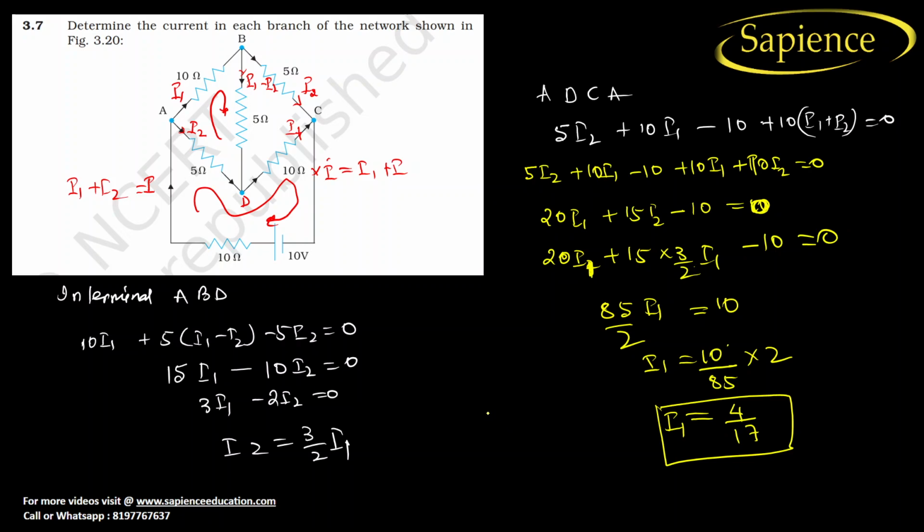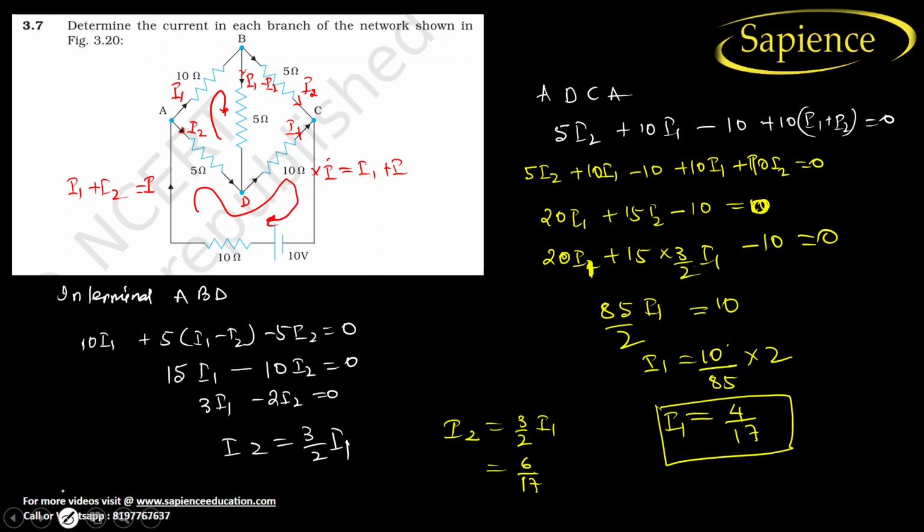Now let's find I2. I2 will be how much? So I2 is equal to 3 by 2 I1. So this will be how much? 6 by 17. Now we have got I1 as well as I2.